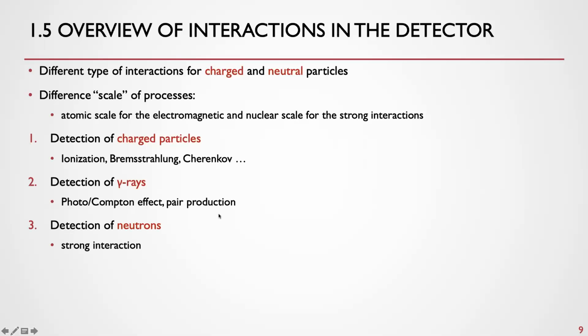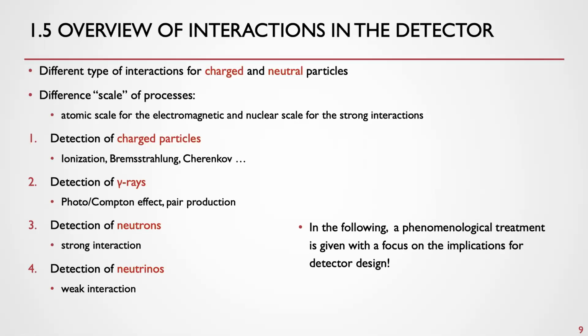We'll discuss the quantitative assessment of these processes in some detail. Now we have neutrons. Neutrons do not interact electromagnetically. Those interact only with the strong interactions. So you have to wait until a neutron hits a nucleus. Hence, if you want to measure neutrons, you should put a material with high atomic number, with high mass number, in its path.